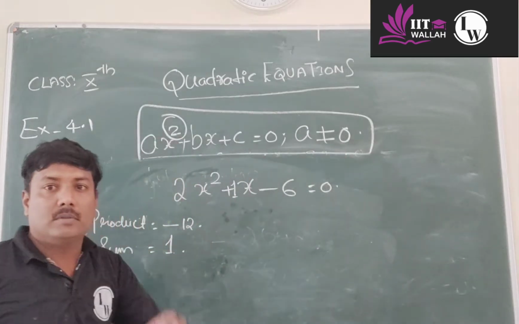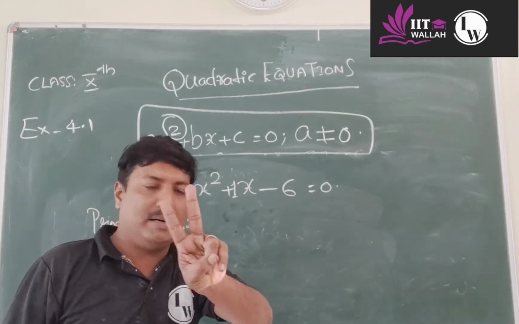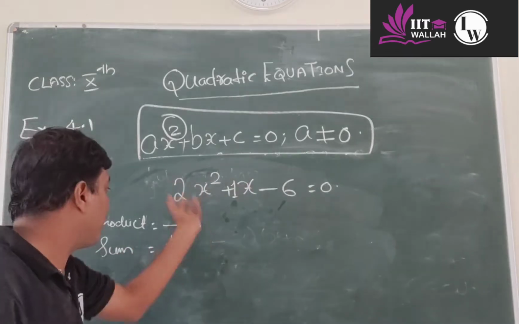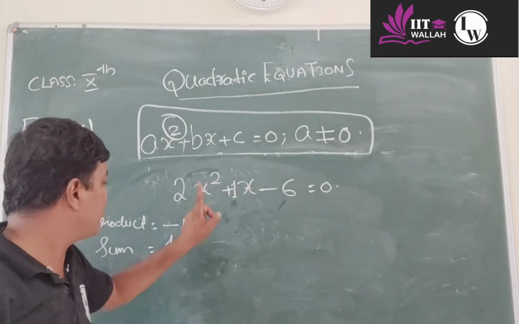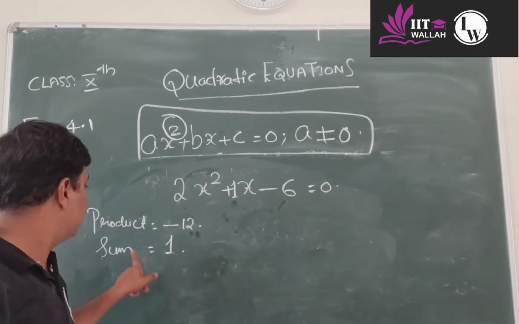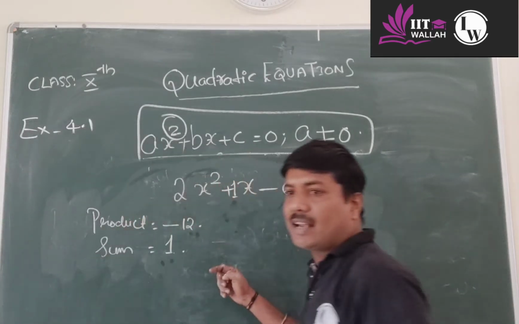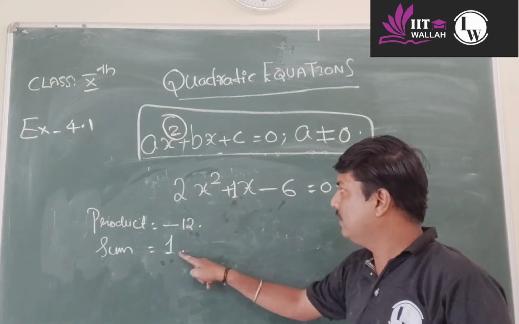So now, first, you think about two numbers whose product is minus 12, sorry, whose product is minus 12 and sum is 1.